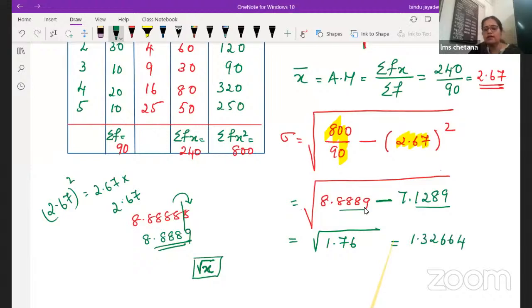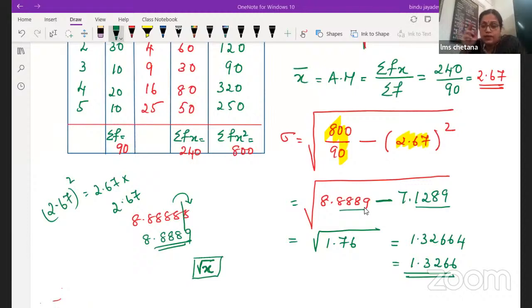1.323664. Correct? That means you can write 1.3266 because this digit is 4, you can neglect it. Are you all getting it? Yes, right answer. Please don't scribble on the screen, because then I always have to clear it. So, only one question: for standard deviation, you are using this square root.